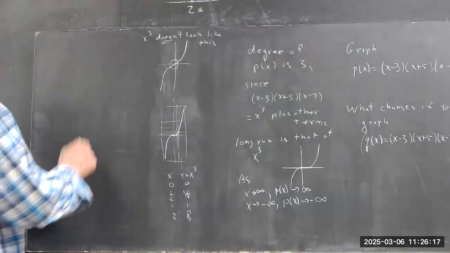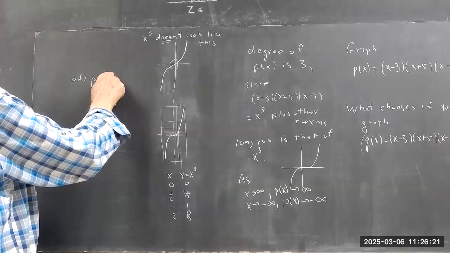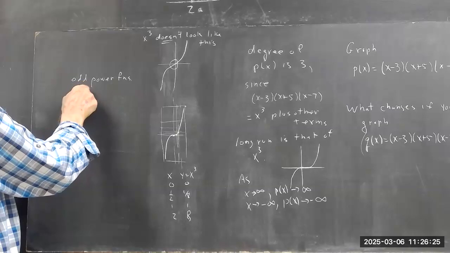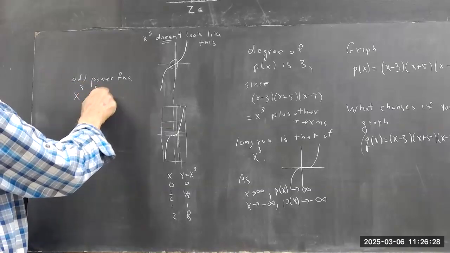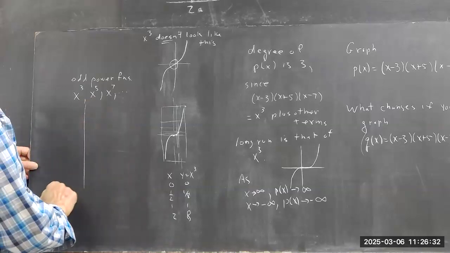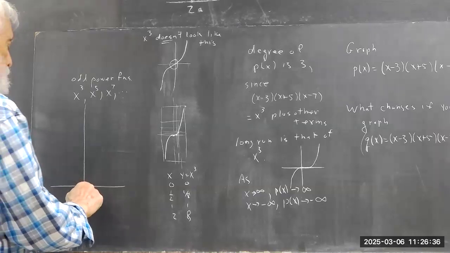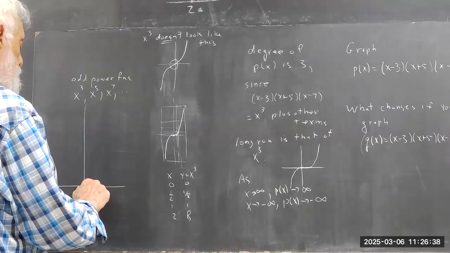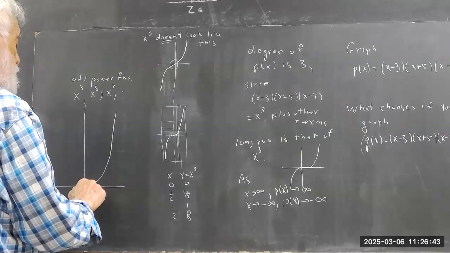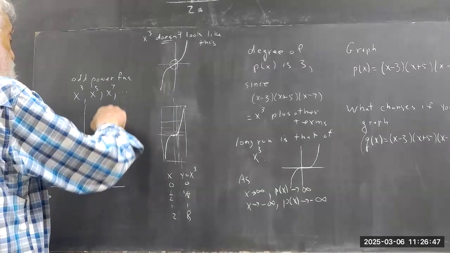Now, odd numbered power functions, that's x cubed, x to the 5th, x to the 7th, etc. The graph, and I'm just going to do the first quadrant, might be like this, and then flatter and much steeper.